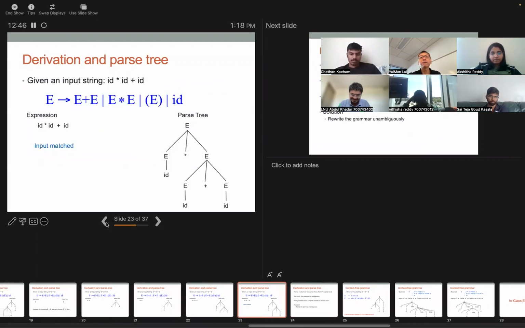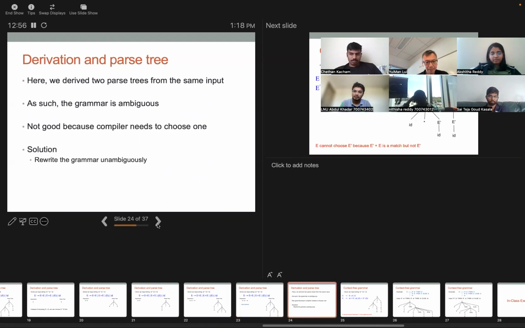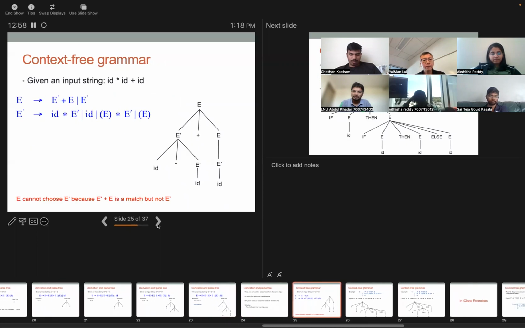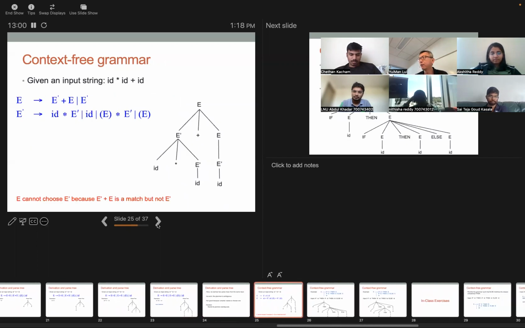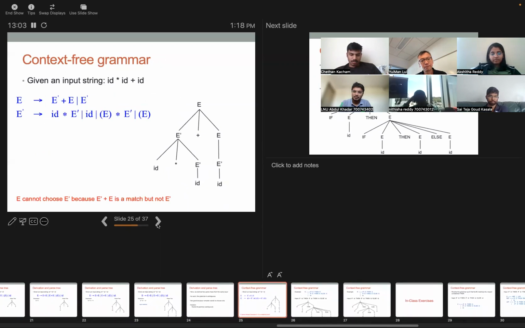So for this grammar, this is the original grammar. E goes to E plus E, E times E, parenthesis E close parenthesis, and ID. I'm going to rewrite this one. Here is how I rewrite it. The input is the same: ID times ID plus ID.